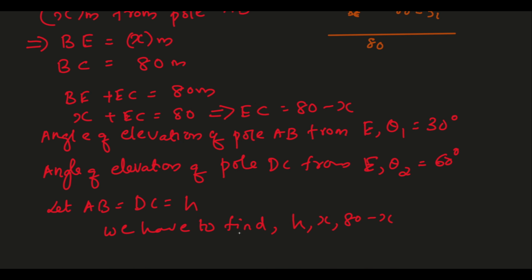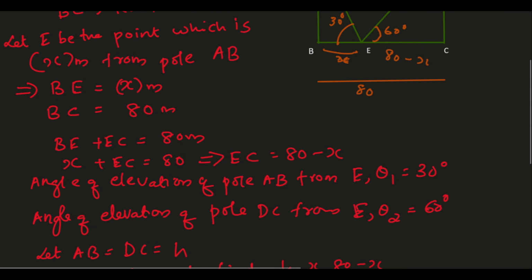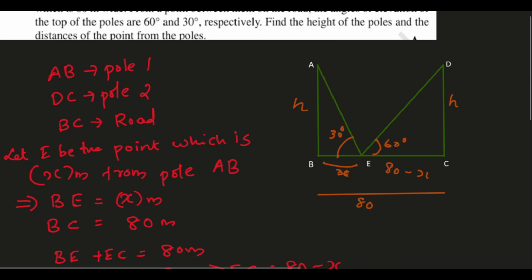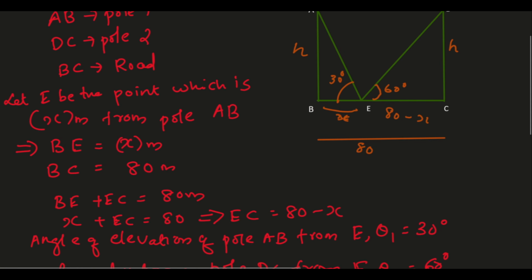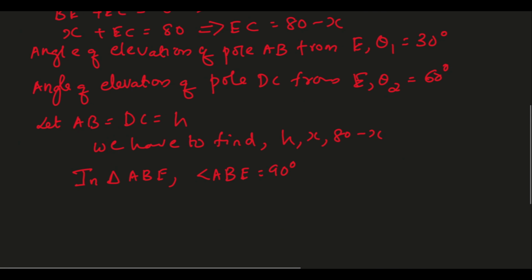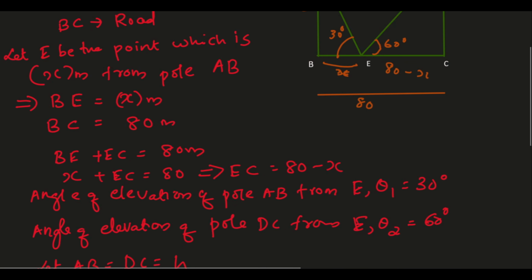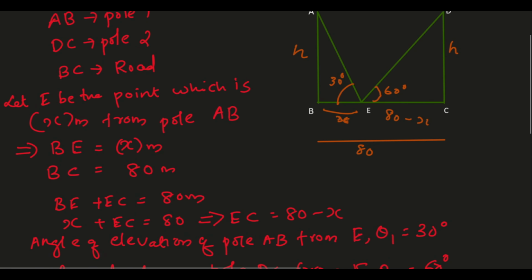Let's start the main part of the question. First I am going to take the triangle ABE. In triangle ABE, angle ABE is equal to 90°. Then we are going to take tan theta 1.